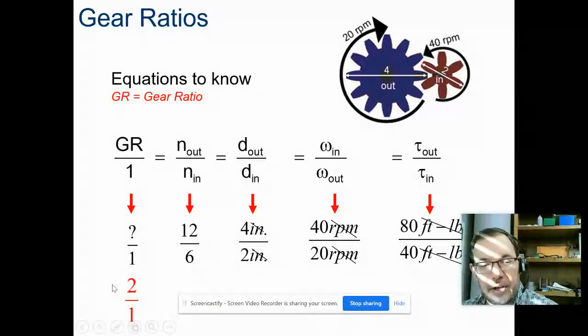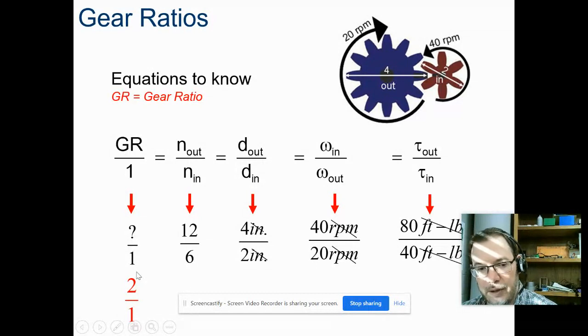And what that's telling us, anytime we get a ratio greater than 1, so we go back to what we talked about with mechanical advantage, if it's greater than 1, that is telling us some information. In this case, it is telling us that our output is going to have greater torque but less speed. So greater than 1 means we have greater output torque but less output speed.